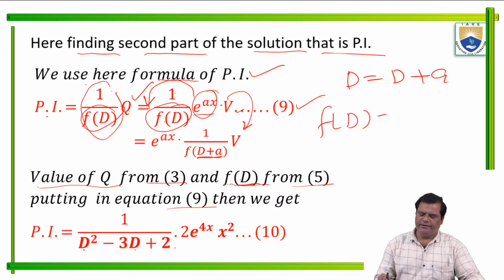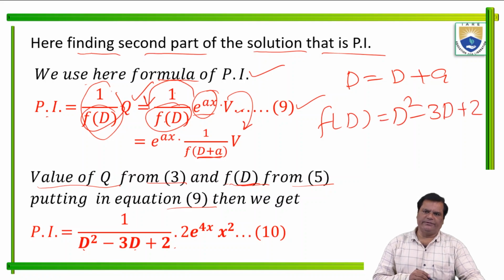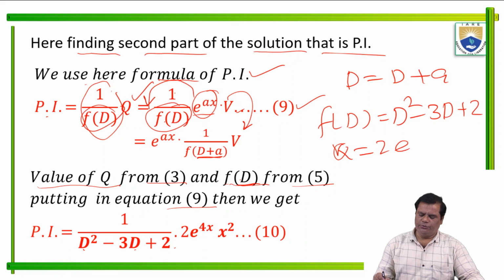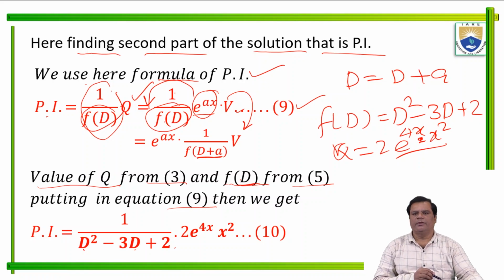And Q is e to the power 4x into x square. This is Q. So putting both values, we get equation 10.